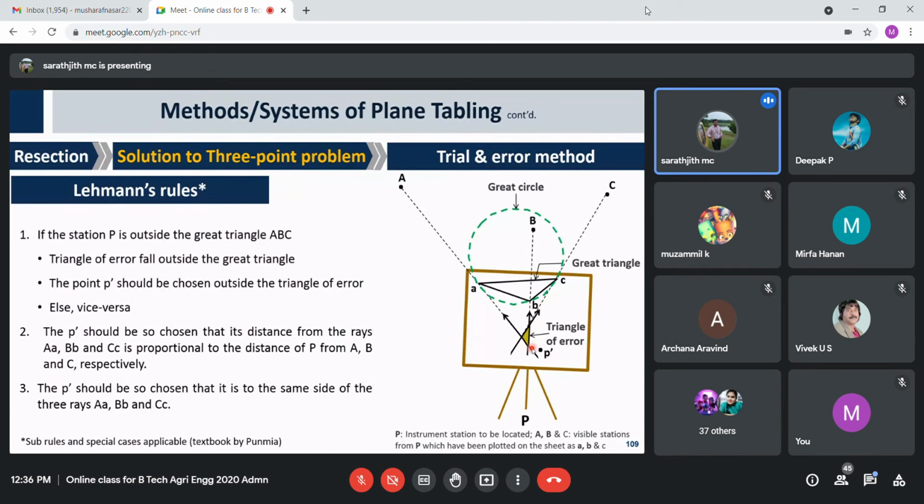So this is the triangle of error, and we have chosen a point P dash which is outside it. Imagine if the station P is inside the great triangle, then the triangle of error will also fall inside that triangle. In that case, the point P dash should be chosen within the triangle of error. That's why I have written vice versa here. So if it is outside, the triangle of error will also be outside, and the point P dash we arbitrarily choose should also be outside the triangle of error. Otherwise, vice versa.